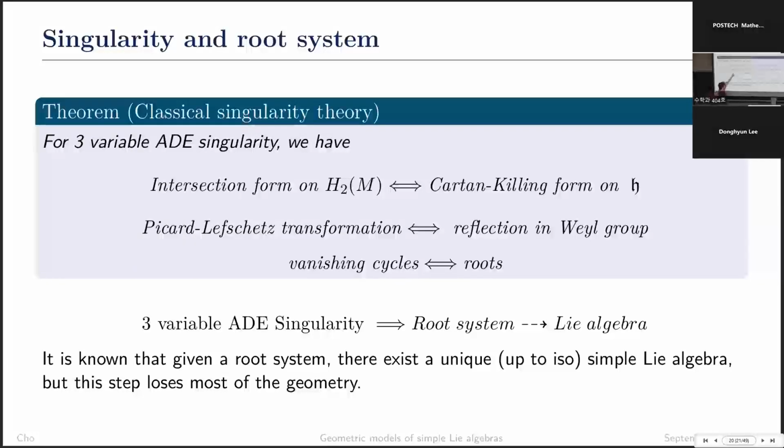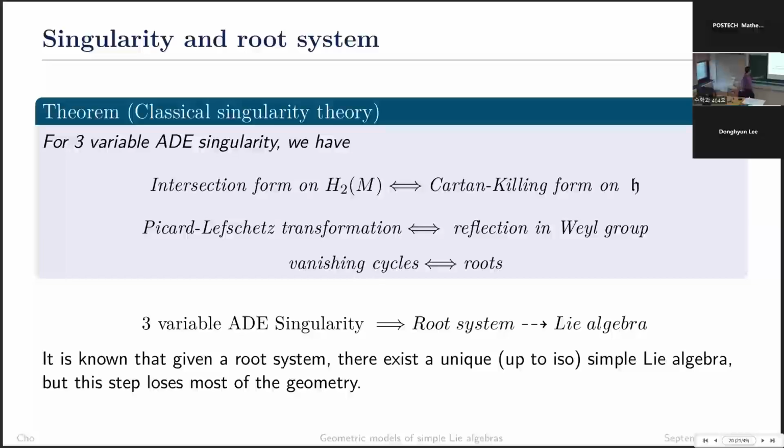And there is what's called the Picard-Lefschetz transformation, which is like taking a Dehn twist with respect to a vanishing sphere, and the formula looks the same as the reflection in the Weyl group, and the vanishing cycles should correspond to roots. So this was like the 70s.